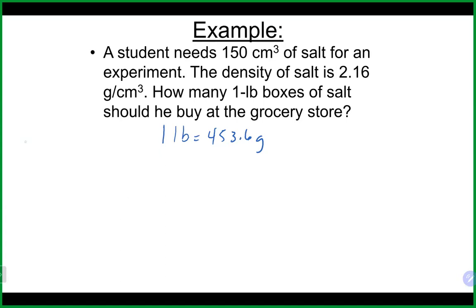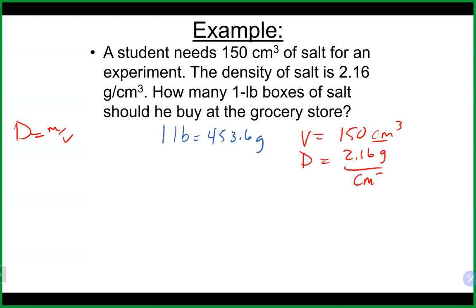Okay, so obviously we're dealing with density. And again, if you're not sure what you should do, we have a volume, which is 150 cubic centimeters. Remember, that is a volume. We do have the density given to us at 2.16 grams per cubic centimeter.